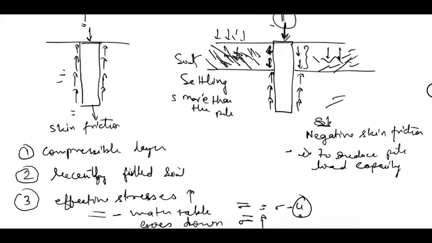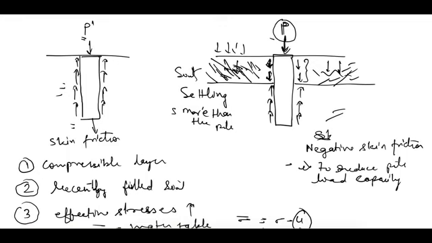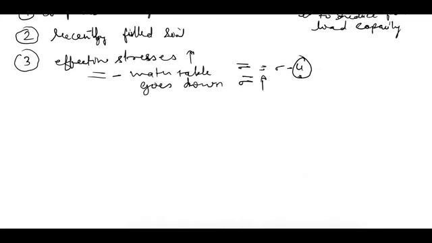So these are the reasons due to which negative skin friction will take place, and the effect of negative skin friction is to reduce the pile load capacity. So how do we calculate this negative skin friction? It is similar to skin friction, but it's just working in the downward direction. There is one more point.